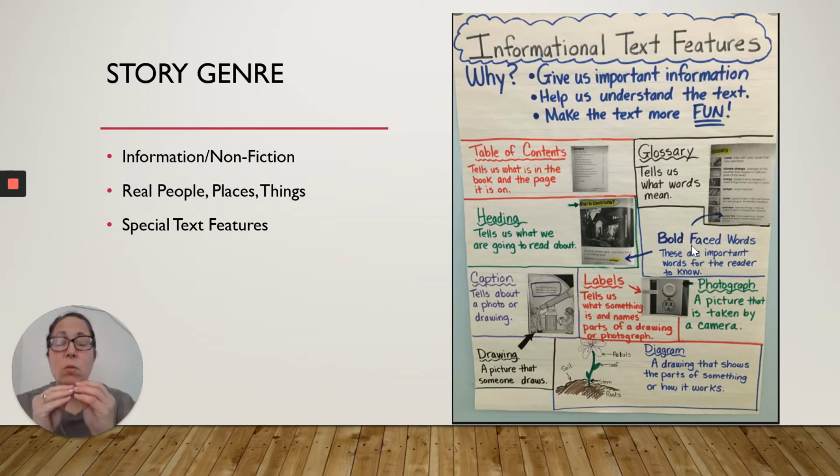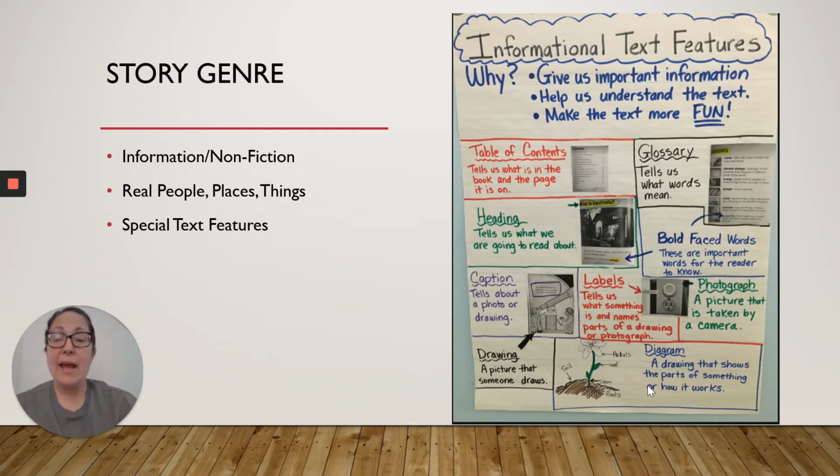That means when the words are really thick. And our favorite begins with the letter C, caption. Yes, friends, that's those little sentences that tell us about a photo or a drawing, our little phrases, labels, photographs, drawings, and even diagrams. Yes, just like our flower, friends, when we drew our flower that was growing.